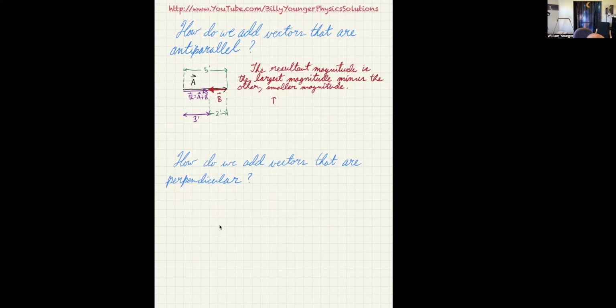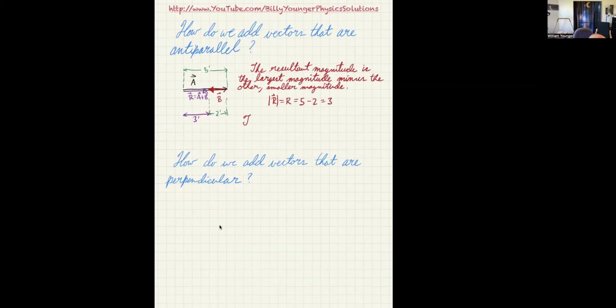So the magnitude of R, which you normally write with absolute value bars around it, but you could also just write as R without the vector symbol, is going to be 5 minus 2 equals 3.